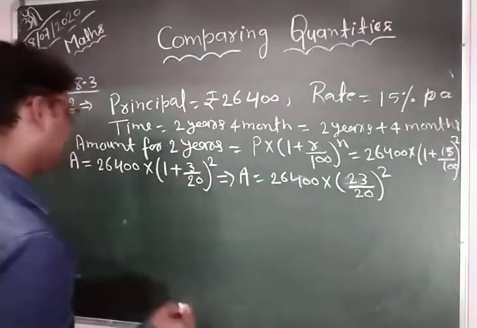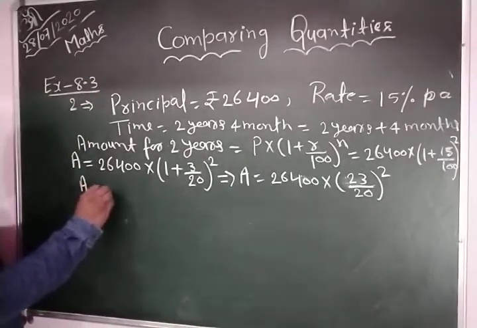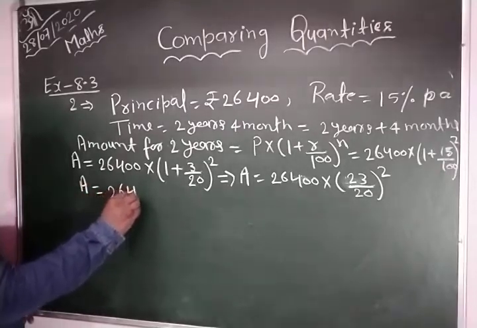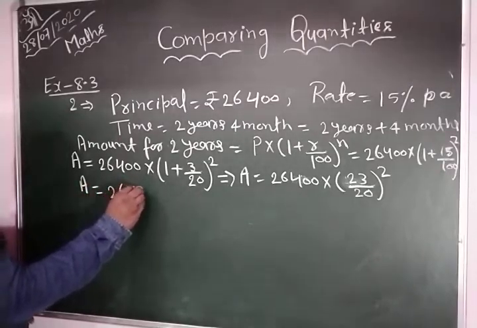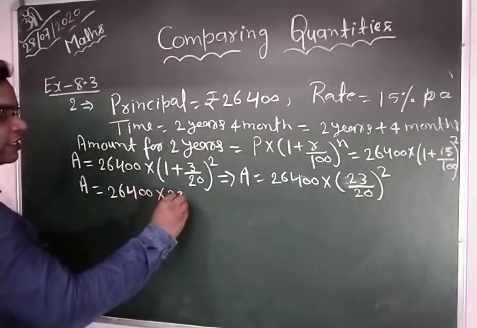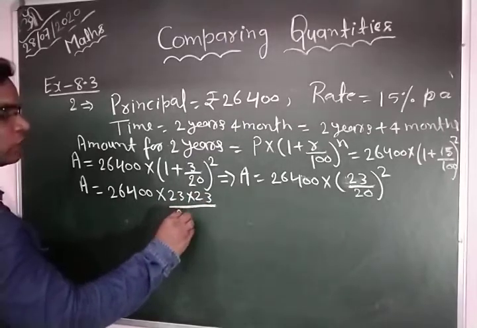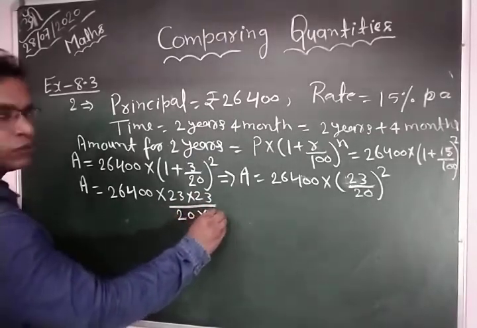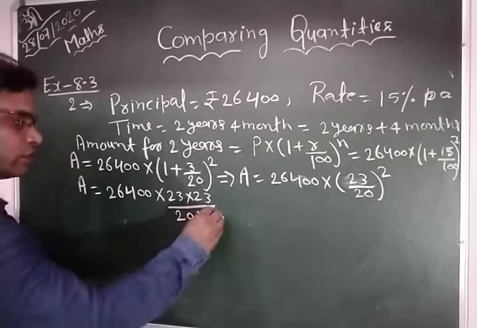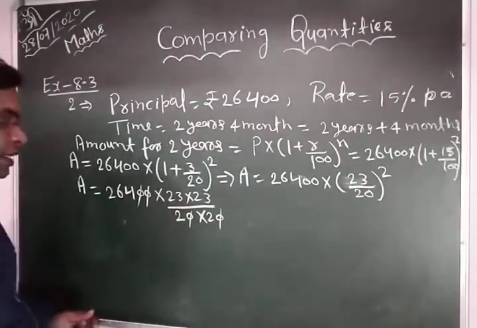So you can write it like this: A is equal to 26,400 into 23 into 23 by 20 into 20. So the zeros cancel here. Clear?